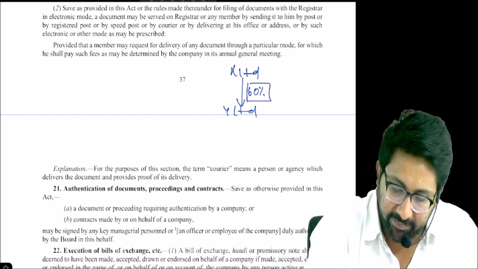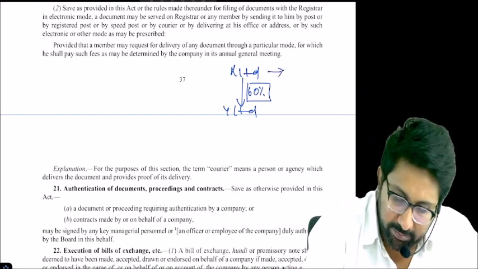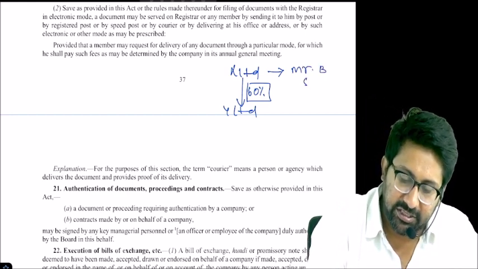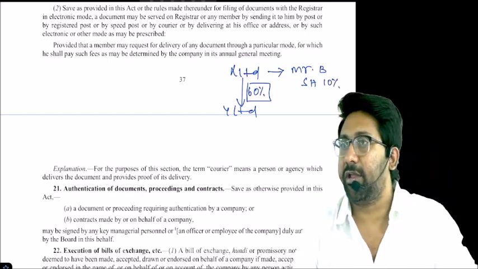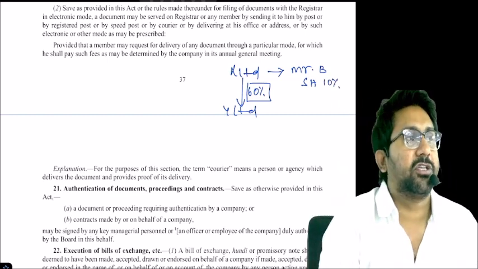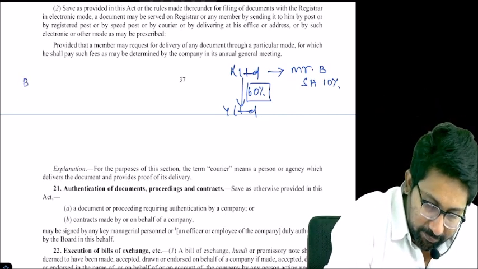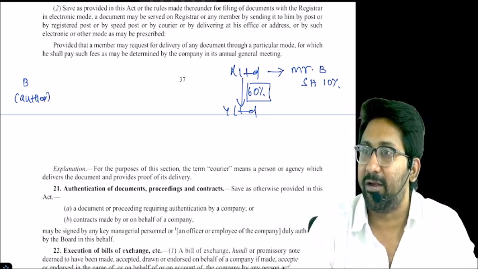Now listen. In this X Limited, Mr. B is a shareholder holding 10% shareholding. Let us see what happened. B is an author. Somewhere you might have heard.